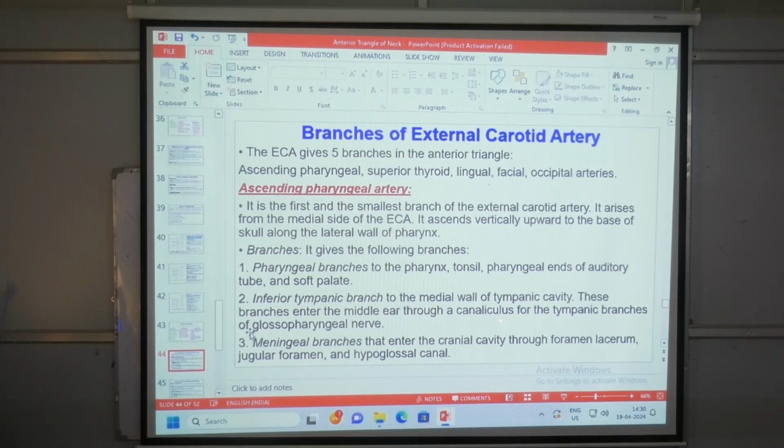Inferior tympanic branch to the medial wall of the tympanic cavity, and these branches enter the middle ear through the canaliculus for the tympanic branches of glossopharyngeal nerve. And meningeal branches that enter the cranial cavity through the foramen lacerum, jugular foramen, and hypoglossal canal.